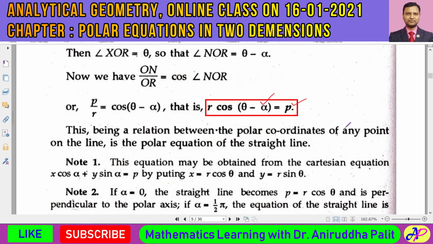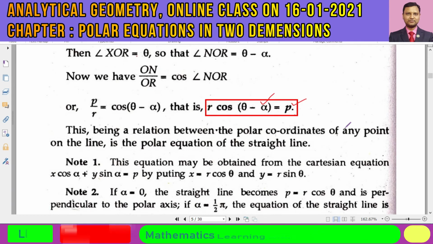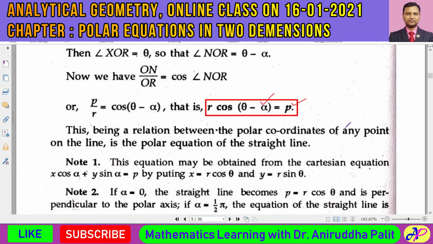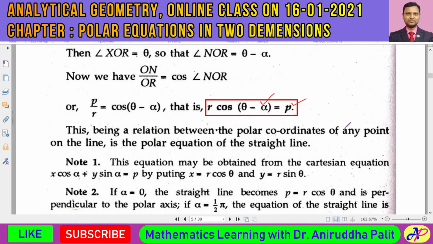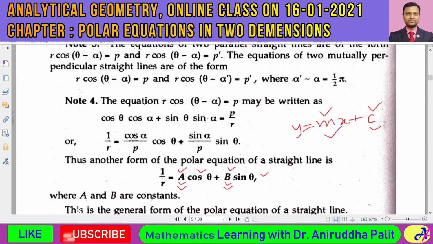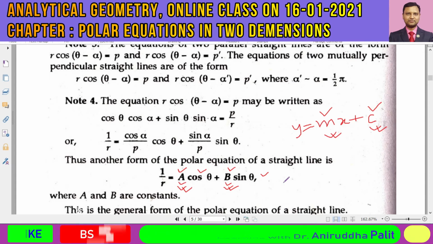So remember this result: in order to find the equation of a straight line we always need two different conditions, so that we can find the values of these two unknown constants. These constants may be in the form of alpha and p, or in the form of m and c, or in the form of A and B. Whatever the form, you always need two constants in order to find the equation of a straight line.